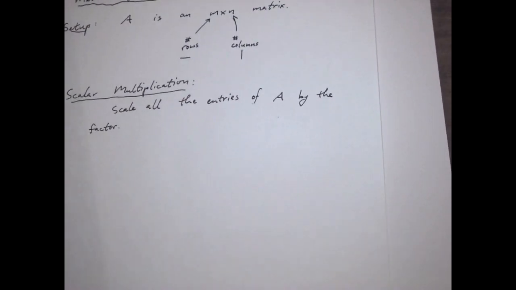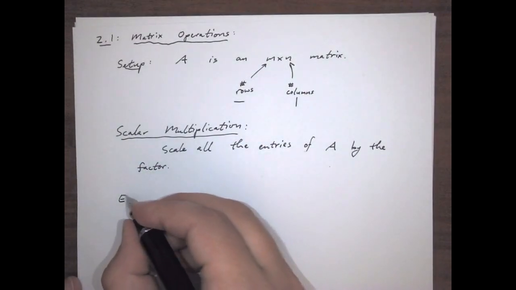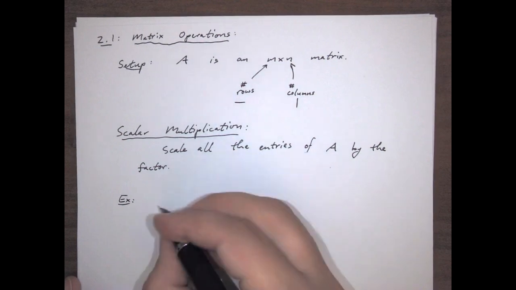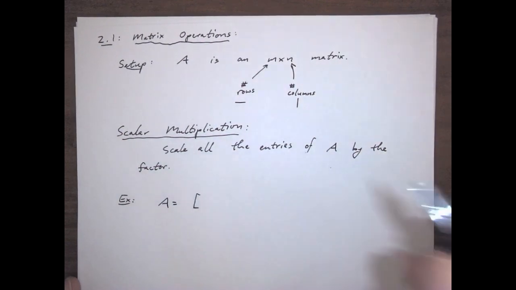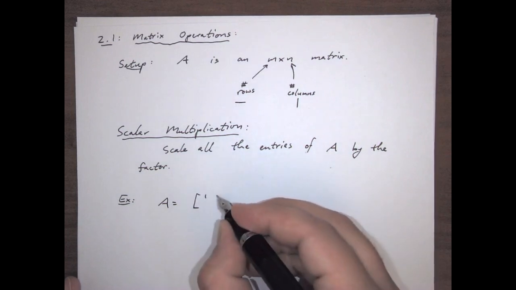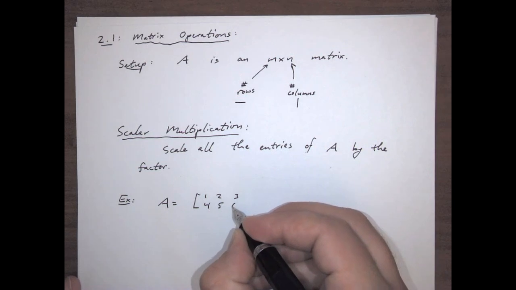So for example, let's say we had A equals, a 2 by 3 matrix, 1, 2, 3, 4, 5, 6.